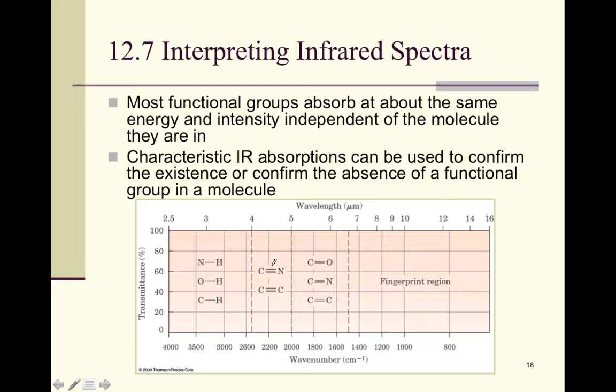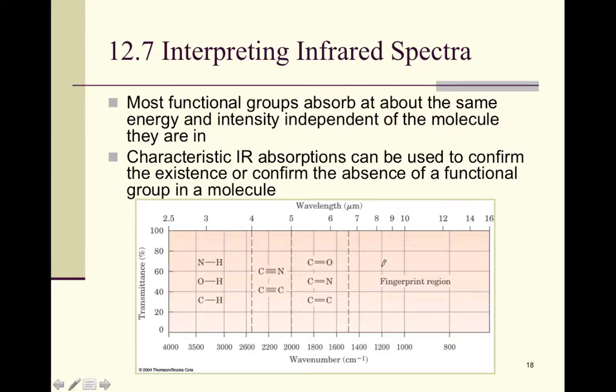For a carbon triple bond nitrogen, or a carbon triple bond carbon, that range is about 2,000 to about 2,500. And then we'll see a nitrogen-hydrogen bend and stretch, oxygen-hydrogen bend and stretch, and carbon-hydrogen bend and stretch in this range here above 2,600.